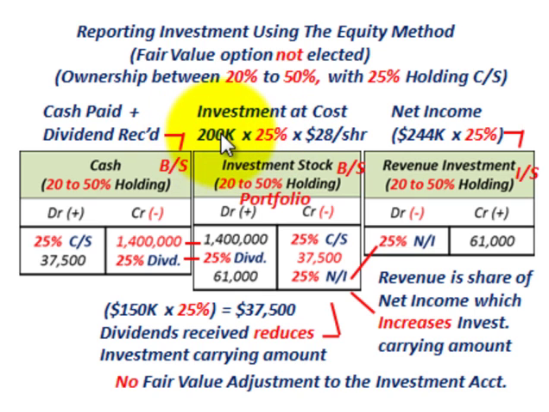There were 200,000 shares of Corp B, and 25% were acquired at a cost of $28 per share. So we debit or increase our investment stock account by $1,400,000, and then we credit our cash for what we paid, $1,400,000.